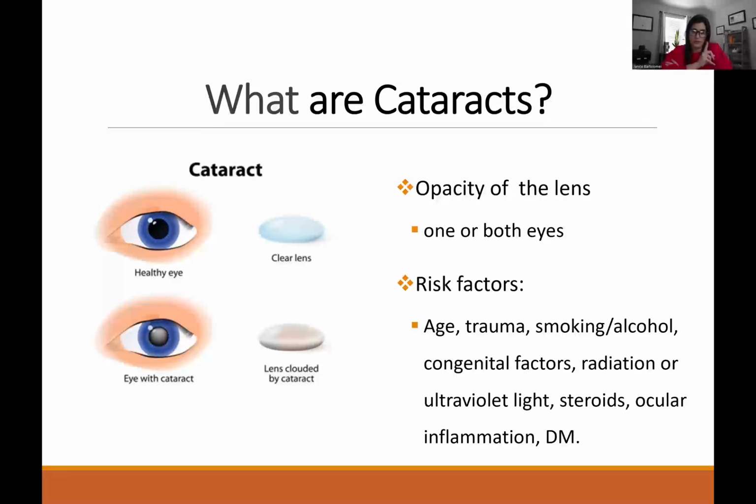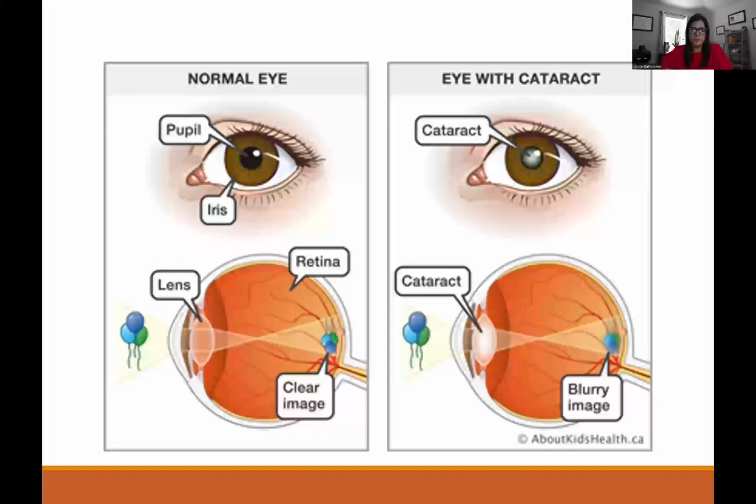You can see that their pupil is whitish, just like this picture here. I'll show you a new picture. Normally, you have your regular color pupil, kind of dark, and then you have that whitish look to it. Whenever you have that fuzzy, opaque area on the lens, people can't really see, and so your vision becomes distorted.